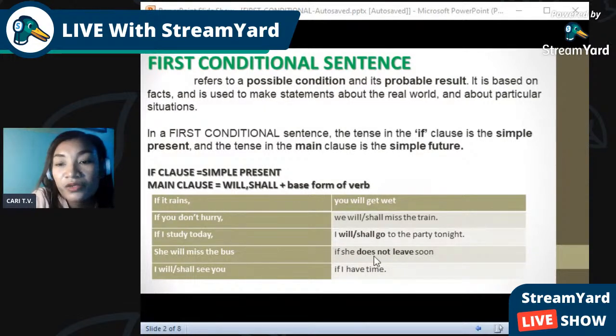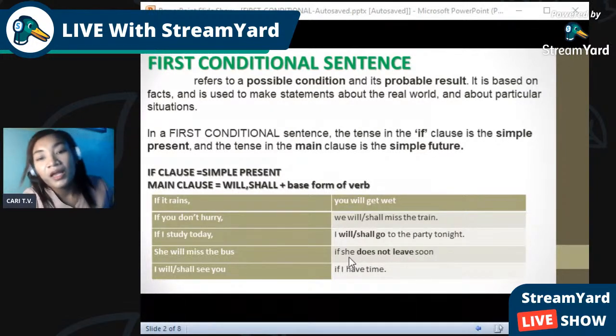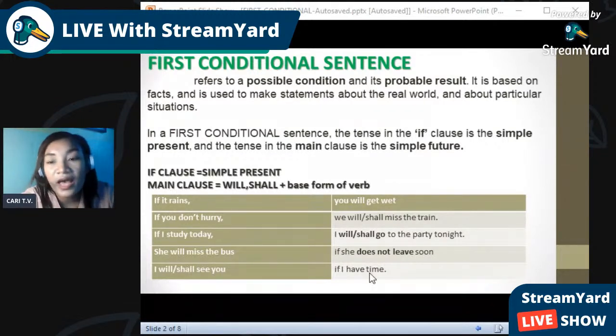When we use the helping verb here, remember to use the base form of the verb, although we only have she and she is a singular subject. Result: I will or I shall see you if I have time. Let's have more of this.